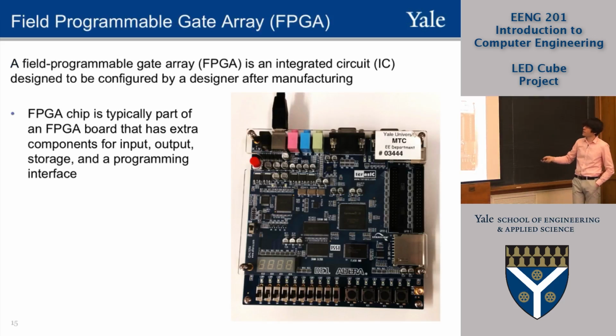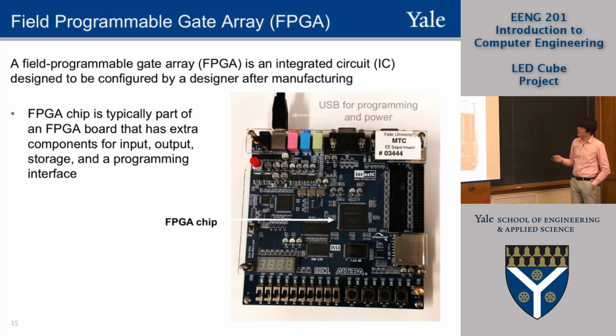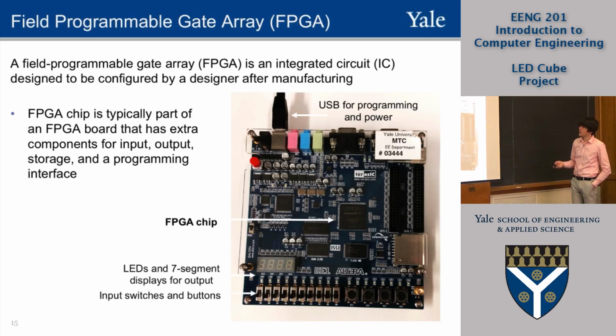So again, this is your FPGA board. There's the FPGA chip itself. There's the USB for programming and power. We have the LEDs, 7-segment display, input switches, and a new feature of the board that we'll use, this GPIO connector. GPIO basically means general purpose input and output.